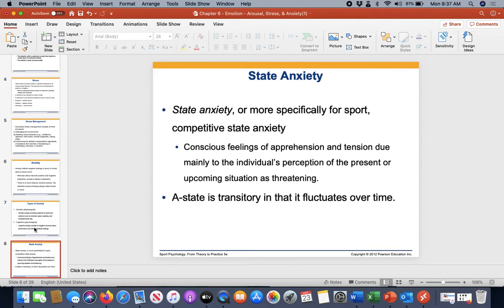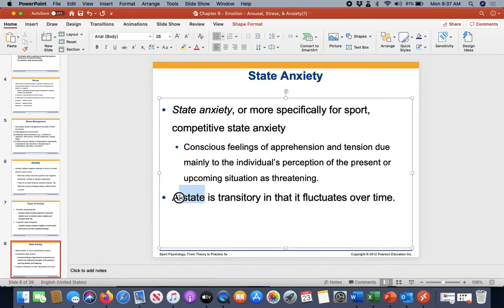So with anxiety, you also have state anxiety. So what they call that is state anxiety, all right, conscious feelings of apprehension and tension due mainly to the individual's perception of the present or upcoming situation. What state are you currently in? State anxiety is the state of the situation, the state of the threat, okay?